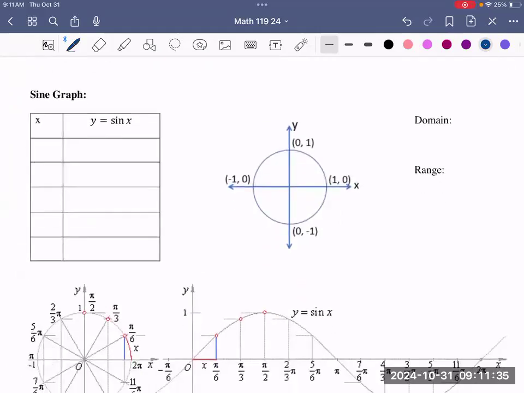Now, we're not going to graph all the points on your unit circle. Instead, we're going to graph the most important values. So we'll start here at 0. And sine are your y values. We'll write that somewhere here. We'll look at the y values of each coordinate.